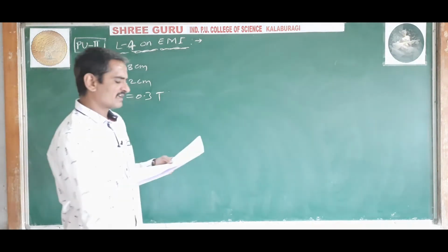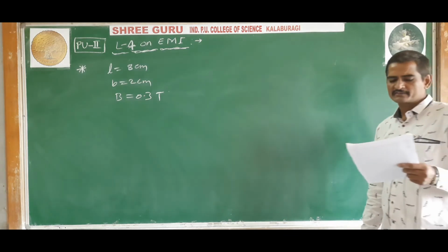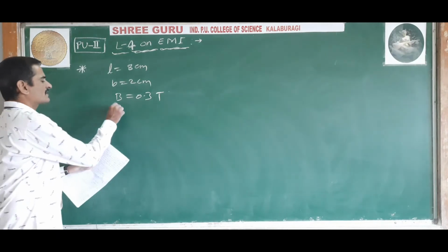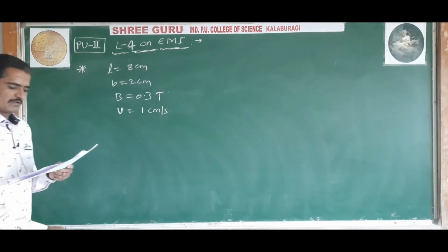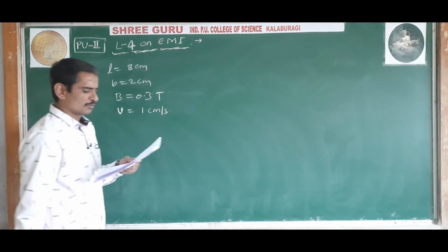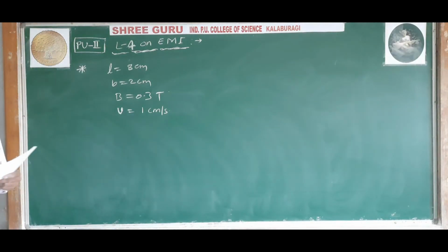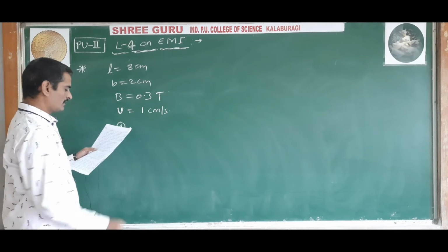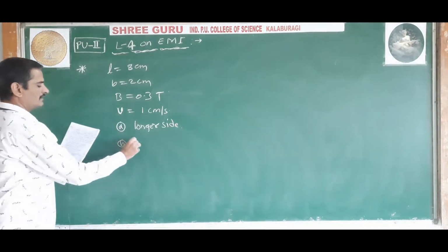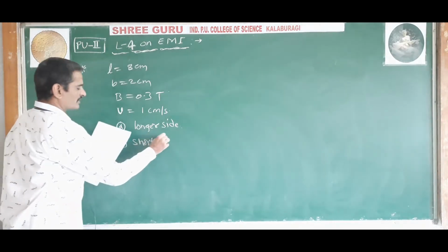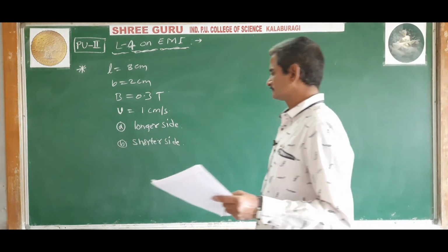What is the EMF developed across the cut if the velocity of the loop is 1 centimeter per second in a direction normal to (a) the longer side, (b) the shorter side of the loop?